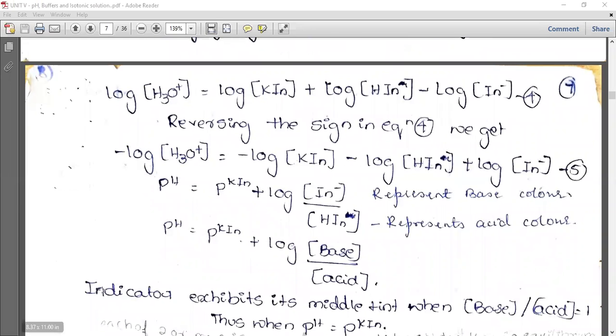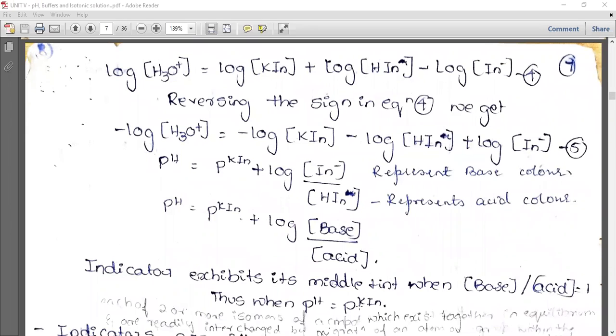So you expect an indicator to show a middle tint. Middle tint in the sense it's not pink nor is it colorless. You will get this particular tint when the concentration of acid to base is 1, or when pH is equal to pKIN in this case. When these terms are the same, log 1, or when pH is equal to pKIN. Is it clear?